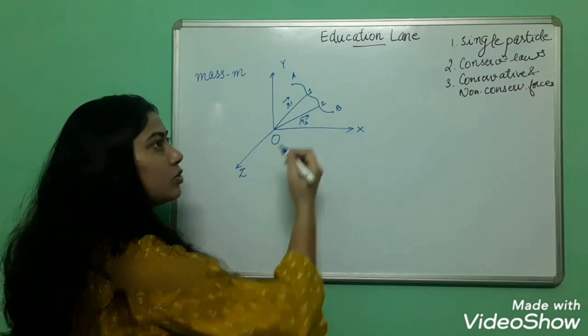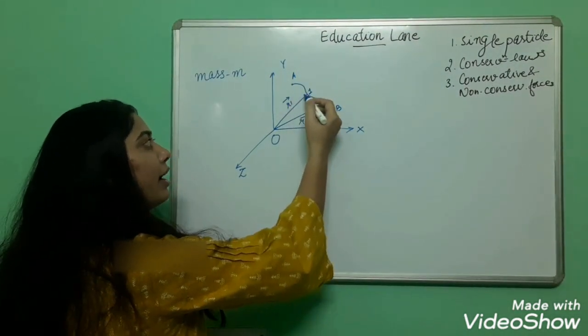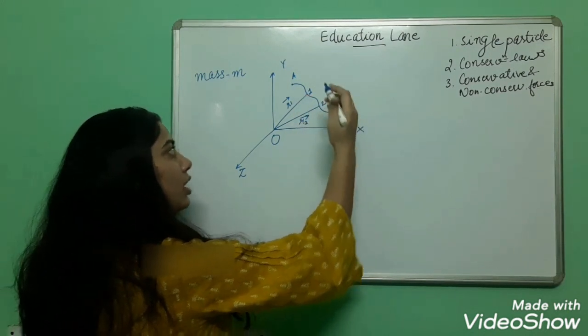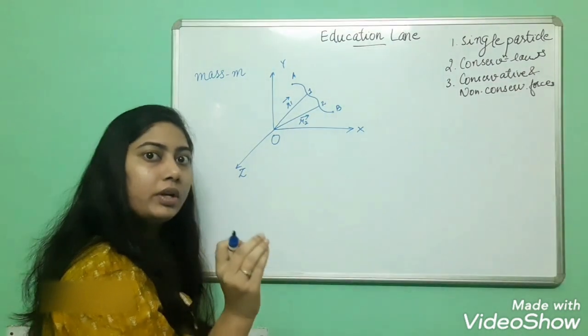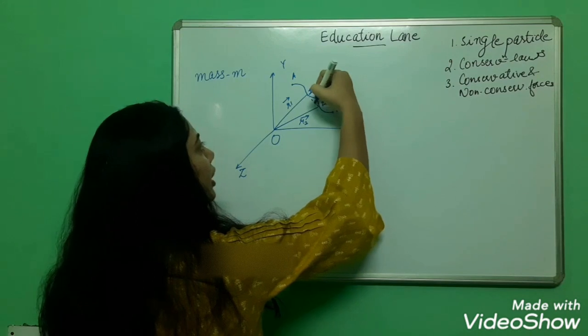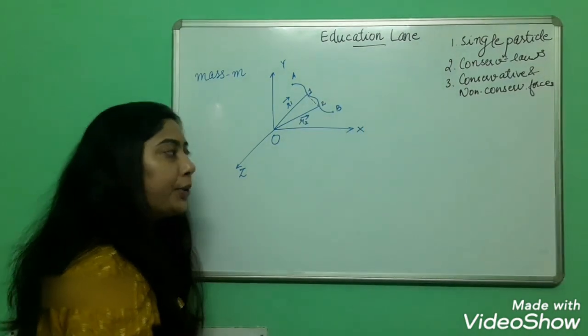Now what are these position vectors? While the particle is traveling on this path from A to B, I am considering a small displacement of this particle from point 1 to point 2.